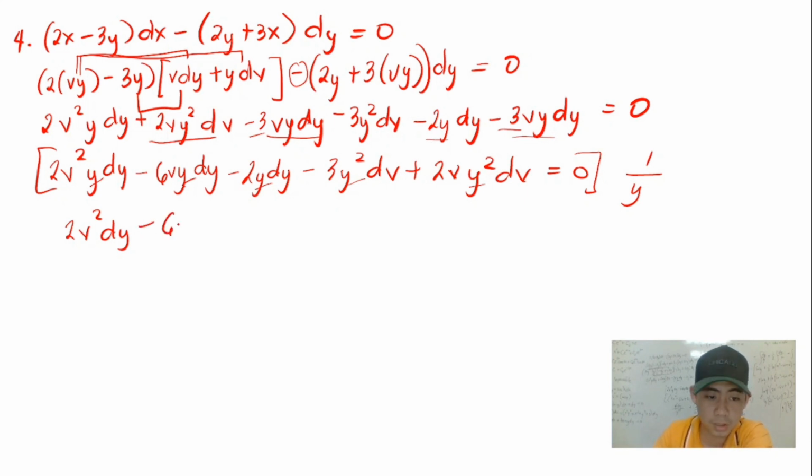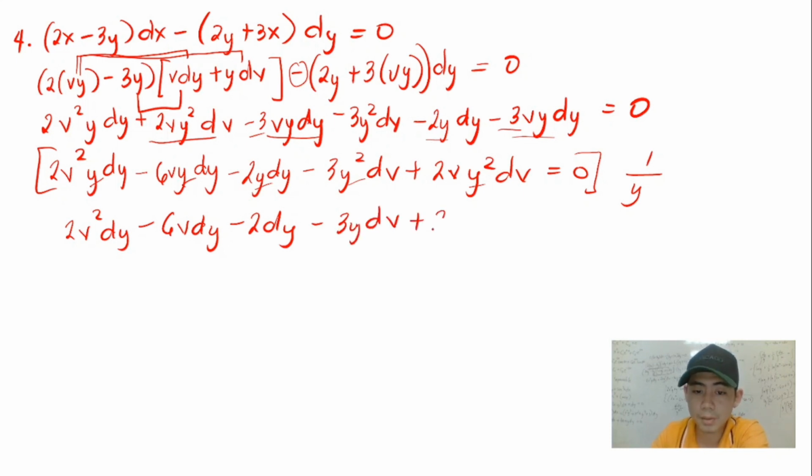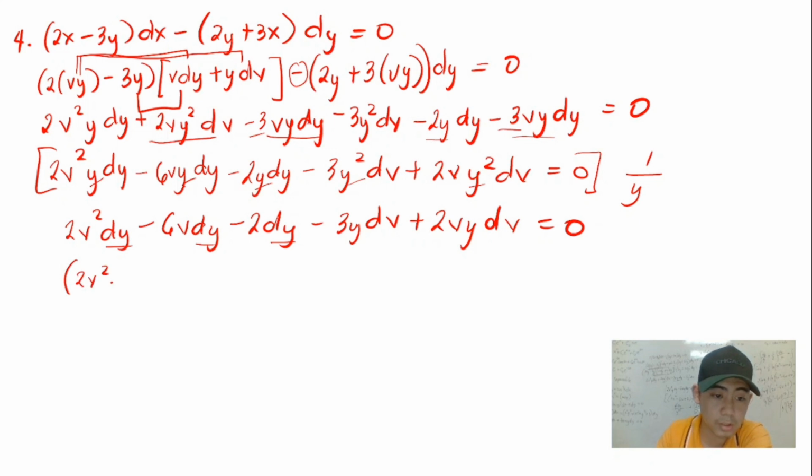So, minus 6v dy minus 2 dy. Okay? So, minus 3y dv plus 2vy dv is equal to 0. Okay? So, kung mapapansin nyo, ang common factor naman dito is dy. So, ilabas natin si dy. 2v squared minus 6v minus 2. Okay, dy.